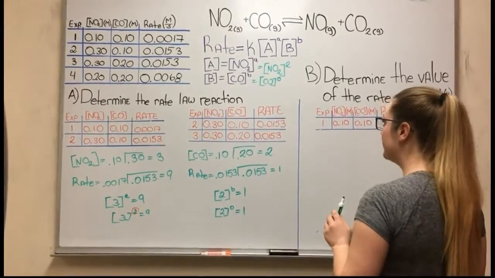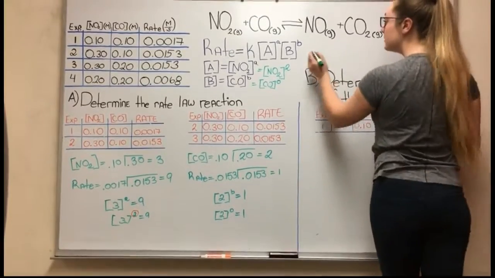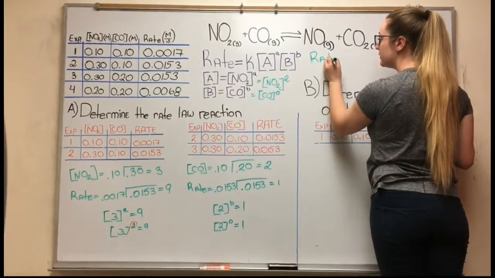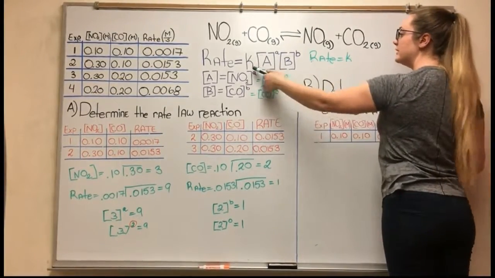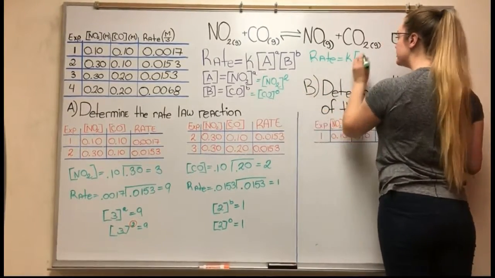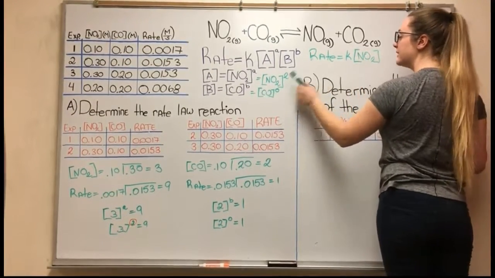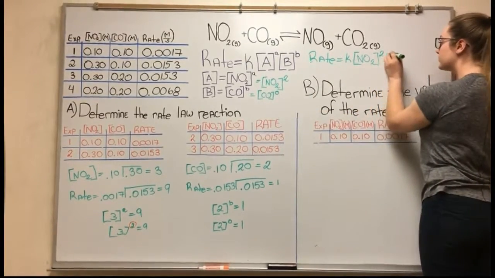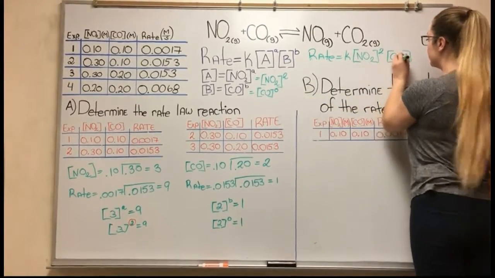Okay, now we're going to put all of that together into the rate law equation, which will give you rate equals k, which is your rate constant, times A, which is your NO2, to the second order, times CO to the 0th order.